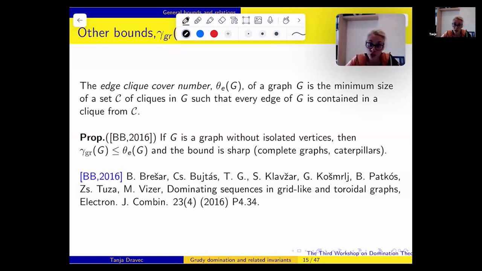The edge clique cover number of a graph is the minimum size of a set of cliques that cover all the edges of G. If we have a graph without isolated vertices, then the Grundy domination number is bounded above by the edge clique cover number, and the bound is sharp. For example, in complete graphs, of course, the Grundy domination number is 1, and the edge clique cover number is also 1. And the bound is also tight, for example, in caterpillars.